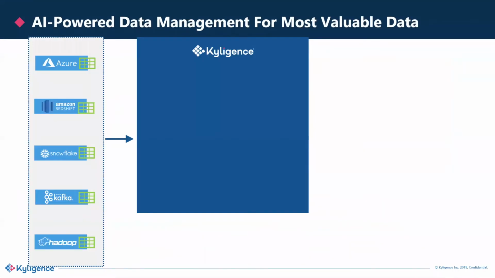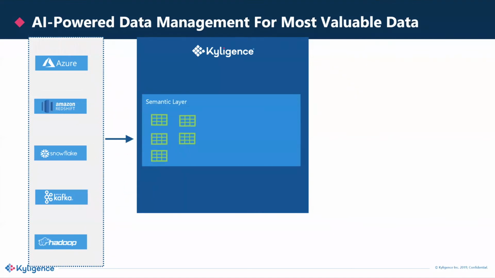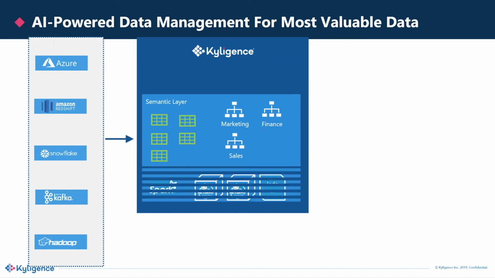So here is another way to look at this whole architecture diagram. We connect to many sources, whether that's AWS, on-prem Hadoop, Kafka, Snowflake, Azure, etc. And through our semantic layer, we create that multi-tenant environment where each and every department can look into their data, providing that level of security: row level, column level, cell level access.